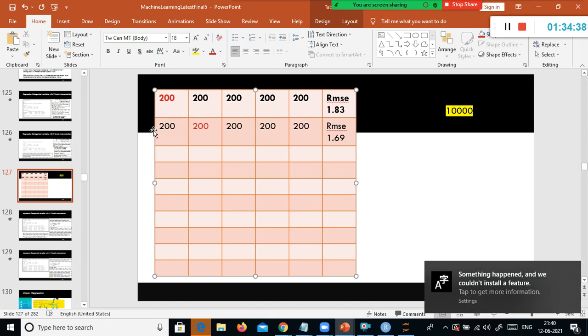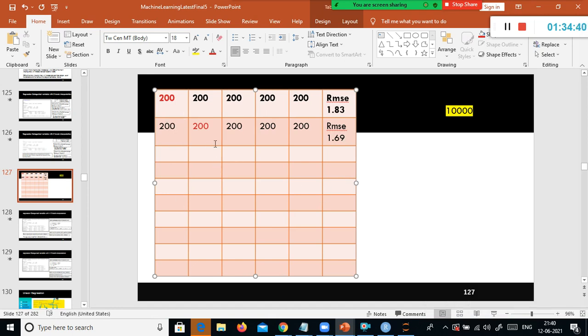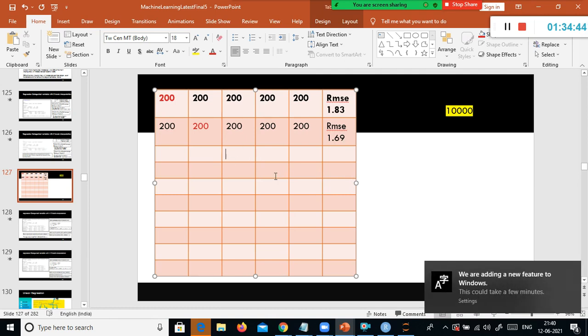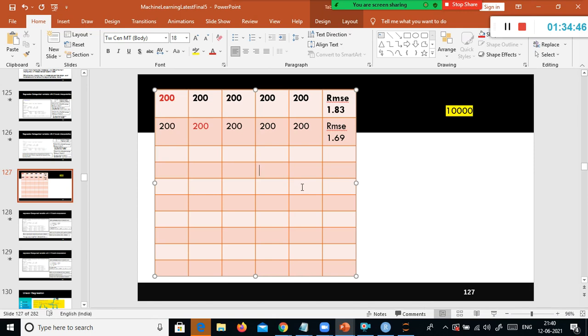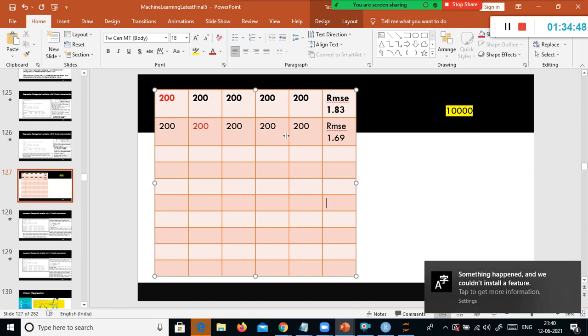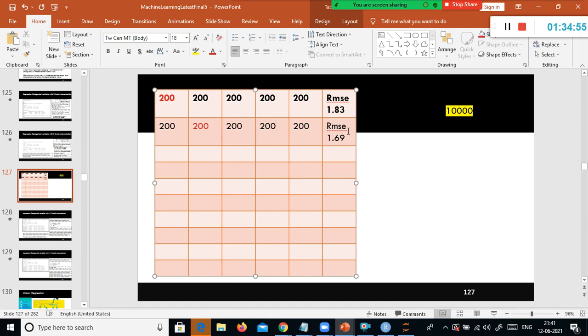Similarly, if you copy paste this, the next column will be the test data set, and the rest of them are your training data set.